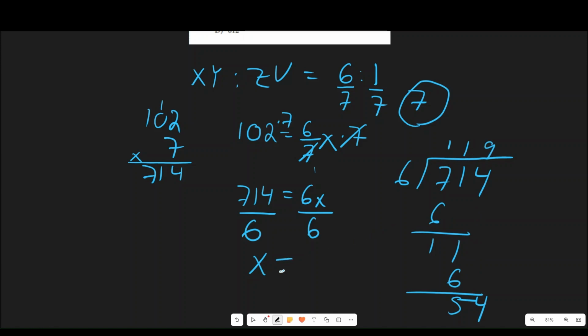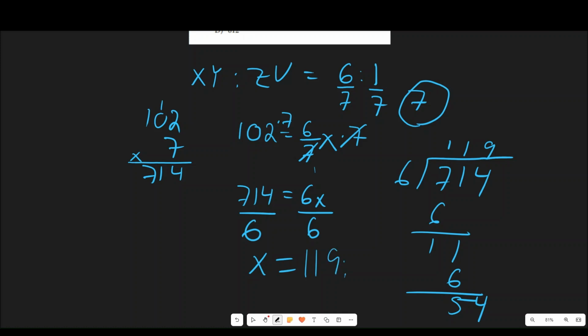So in total, our whole, the entire whole, basically the total 7 parts would be 119 inches.